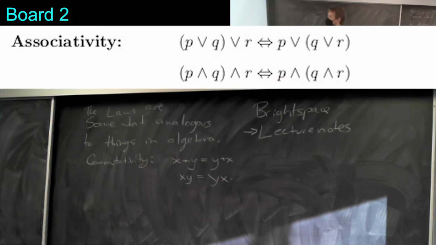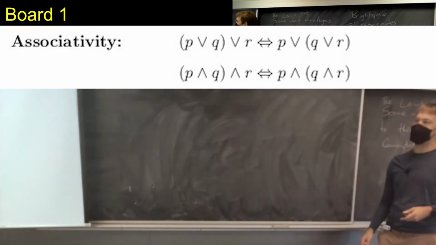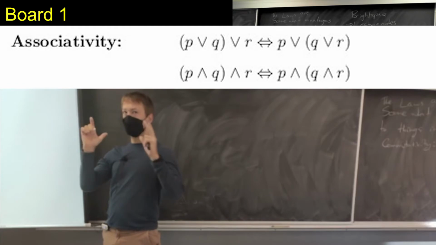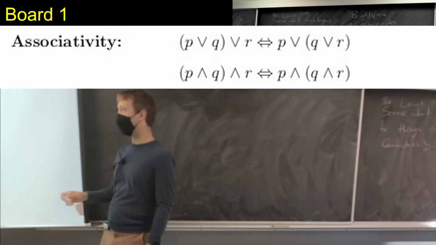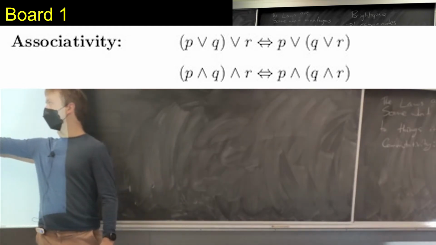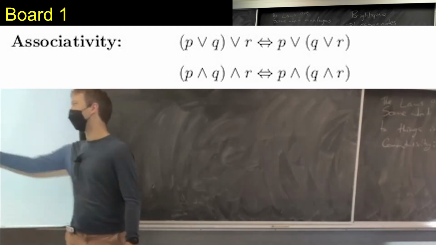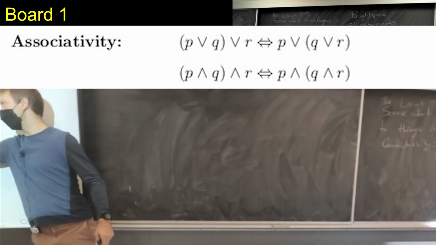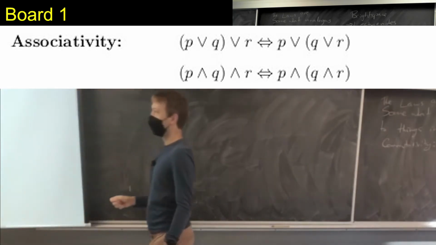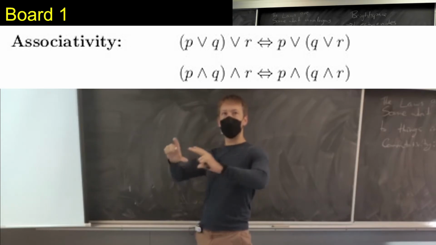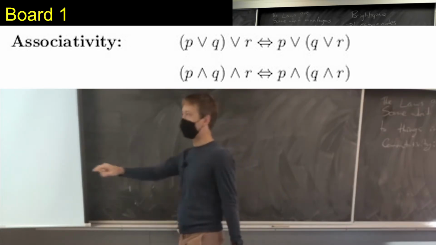Okay. Then we've got associativity. This is very important: here we've got an or in both places, so P or Q or R is the same as P or Q or R, with the brackets in either place. You can move the brackets to either place.